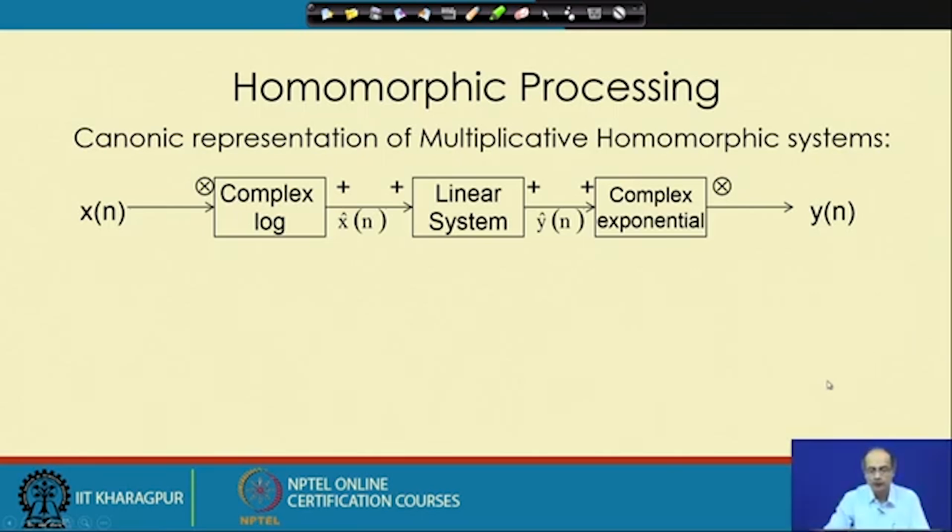Next, we go for a system to build a generalized filter. Here, the challenge is the one we mentioned earlier, that sometimes we have multiplicative noise. Here is also the same kind of case, where we have a multiplicative signal, the components are getting multiplied with each other and we want to separate them out.